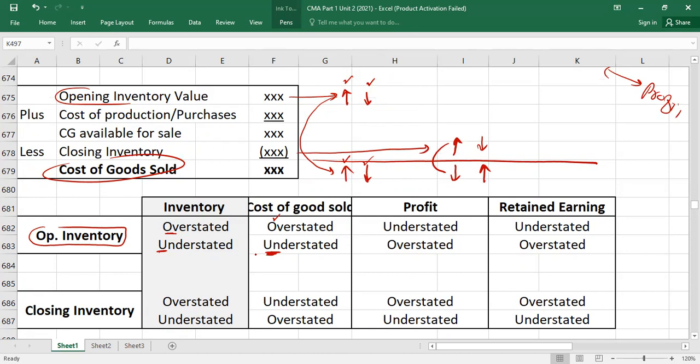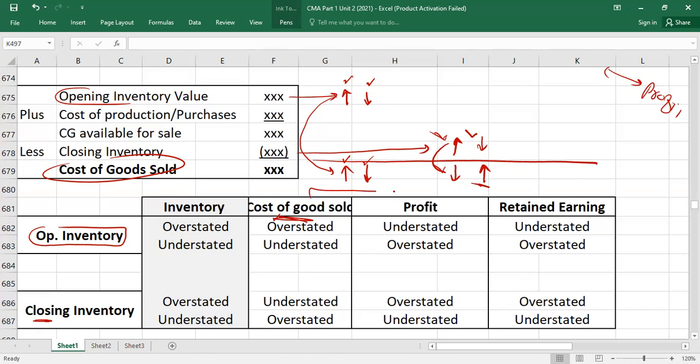Right? Now can you link the closing inventory? This is closing. If it is overstated, cost of goods sold is going to be understated. See, over and under. If it is understated, this is going to be overstated. Now forget about everything and focus on cost of goods sold.